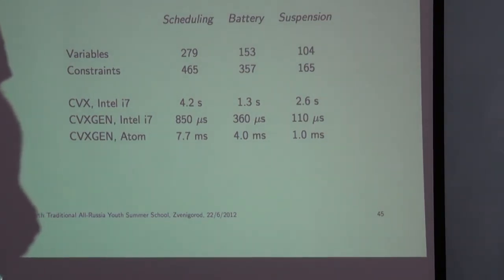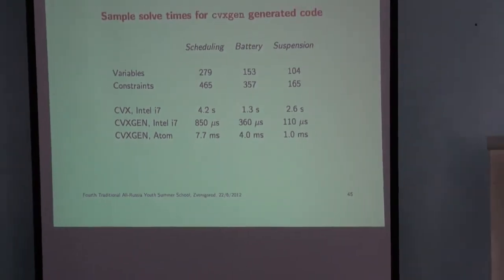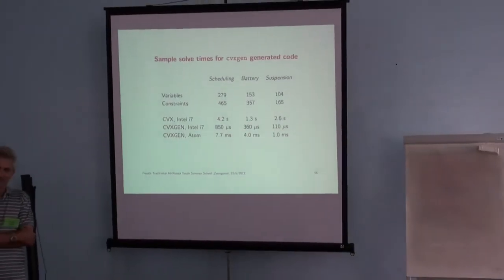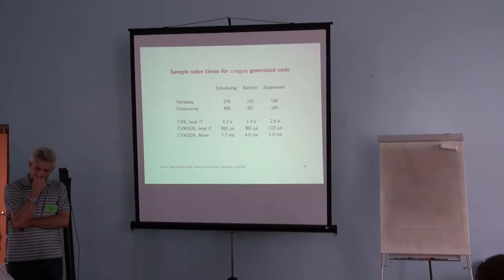As I understand, CVXGEN is a program which runs on conventional machines, or it generates code but runs not in embedded. It generates flat C. So how is C embedded in a microchip?